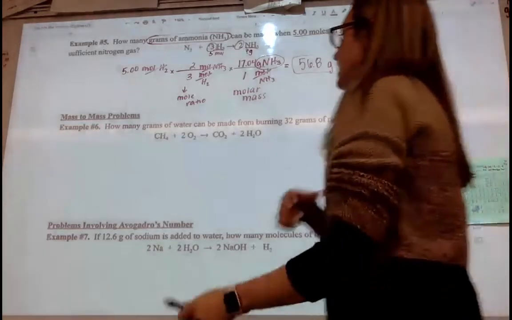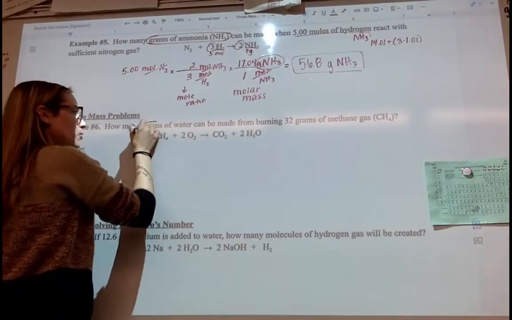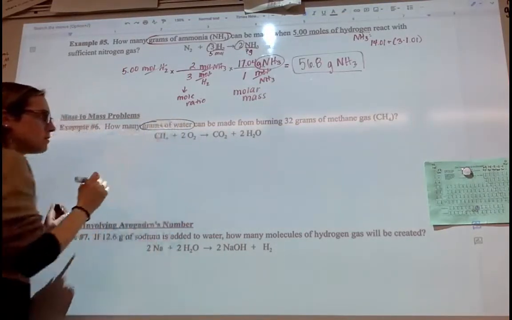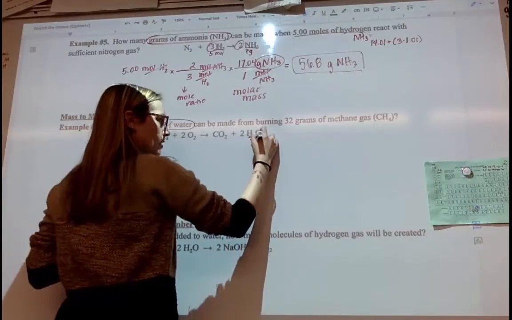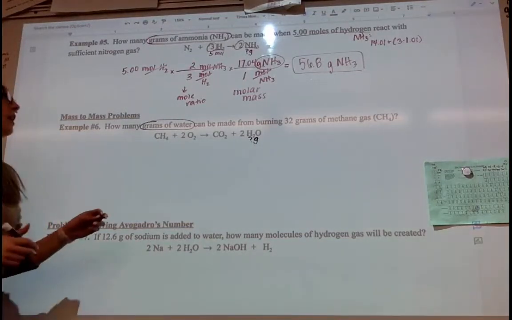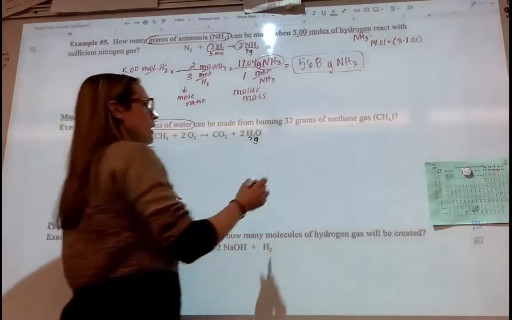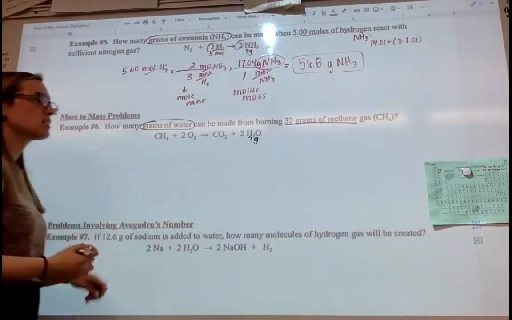So for example 6, again, I'm going to go through the exact same way I did. How many grams of water, okay, so grams of water, water's H2O. So I'm going to put a question mark with grams underneath H2O. Just a way to organize my information. How many grams of water can be made from burning 32 grams of methane gas?